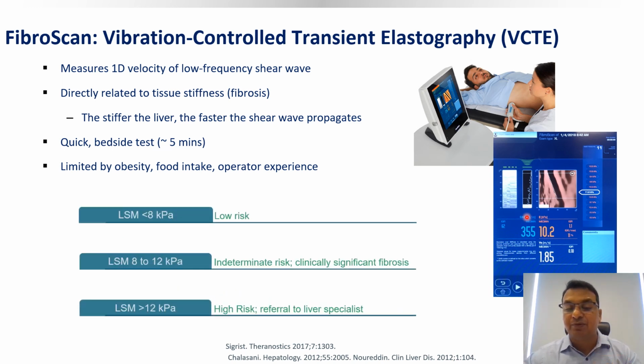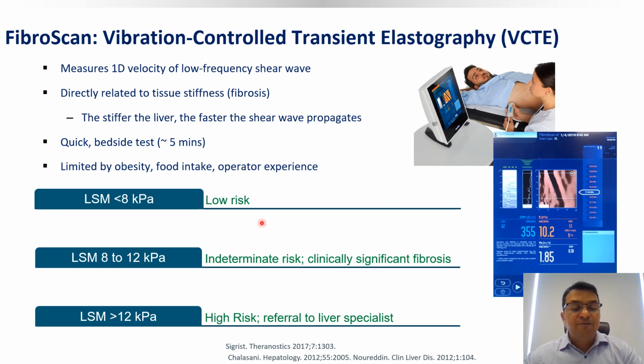Now, how do we interpret? Okay, if the LSM value of your patient is less than 8 kilopascal, then the patient has a low risk of future liver event or mortality, right? Manage at primary care level, cardiovascular risk management. If the patient is having LSM value of more than 12, the patient is in trouble.